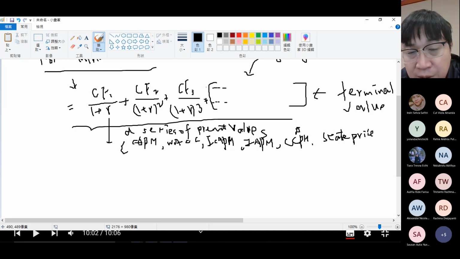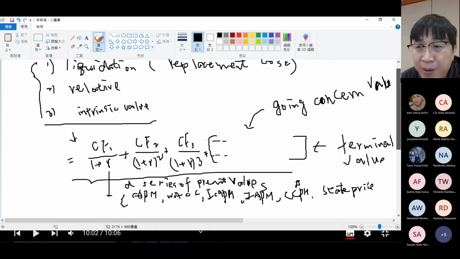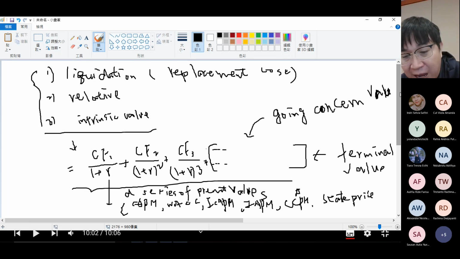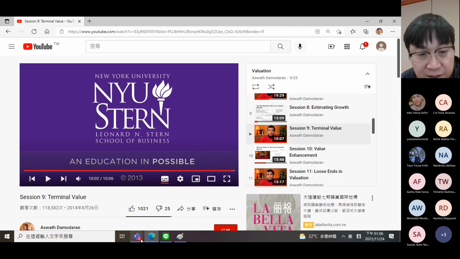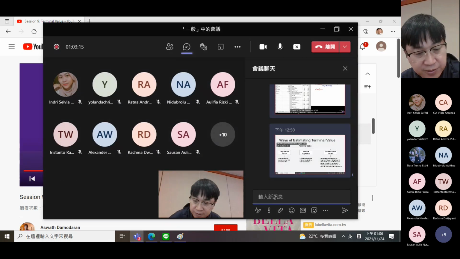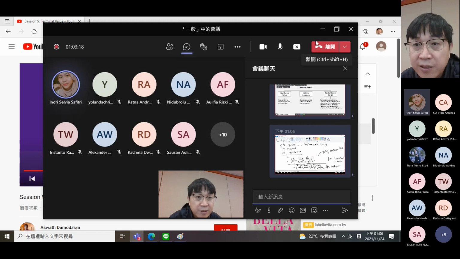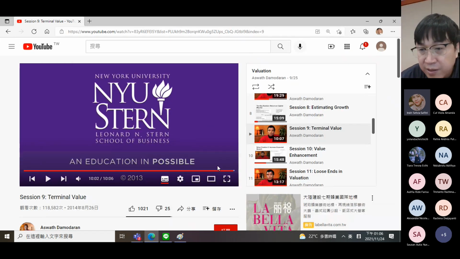After using that to price anything. So here this is the basic framework. So you have built these kinds of concepts into your mind. So any question? No, sir. Okay.